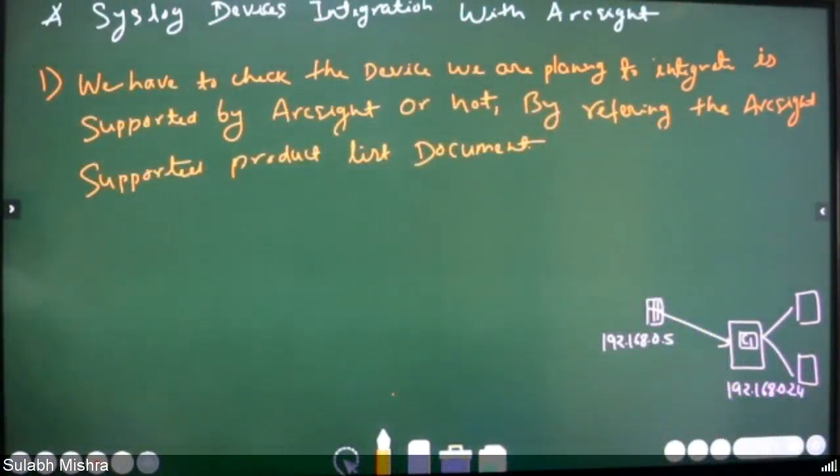So first of all, you will check, right, whether a particular device is supported by Arcsight or not, by referring to the Arcsight supported product list. Yes or no? You mention after that, if your device is listed, that means it is supported by Arcsight.